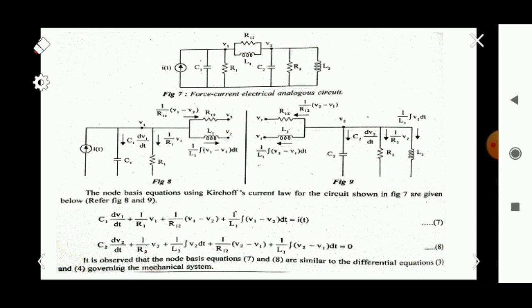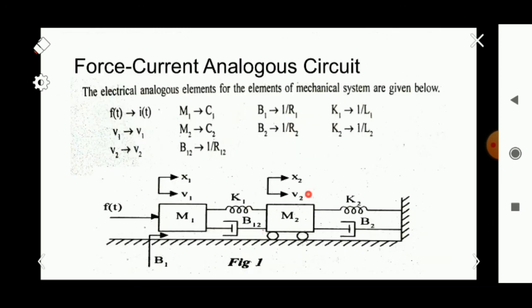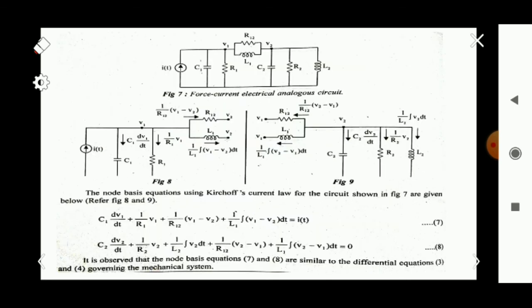Likewise, in the second node we have K1, K2, B12, B2 and M2. Instead of M2 we connect a capacitor C2 to node 2, and K1 and B12 are common for the two nodes, already drawn here.